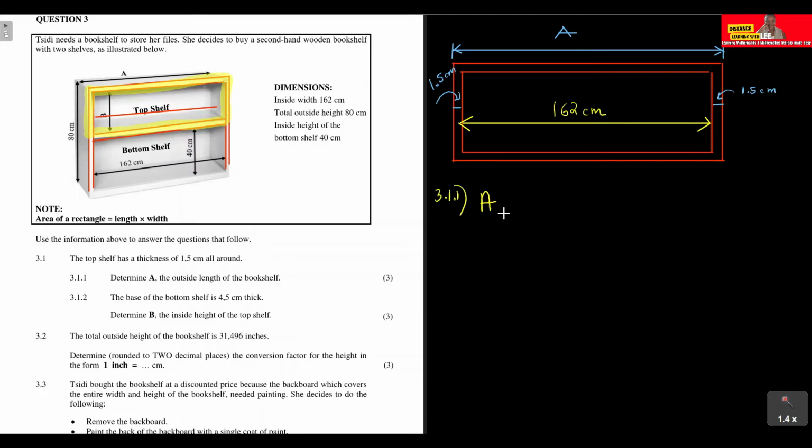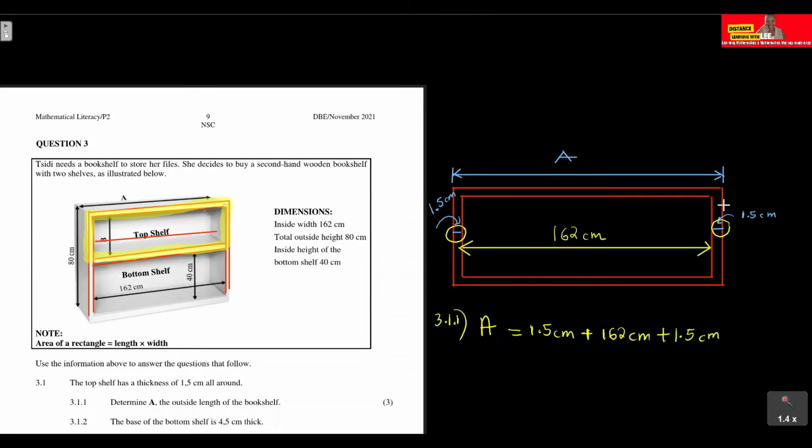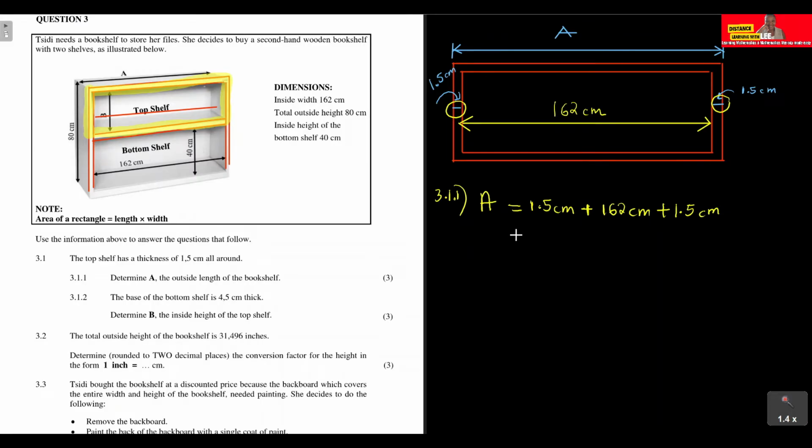A is equal to 1.5 centimeters plus 162 centimeters, the inner length, plus this 1.5 centimeters. So 1.5 plus 162 plus 1.5 gives us 165 centimeters. So the length of A is 165 centimeters.